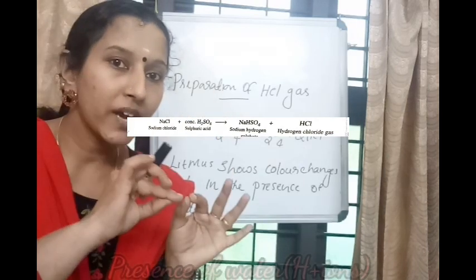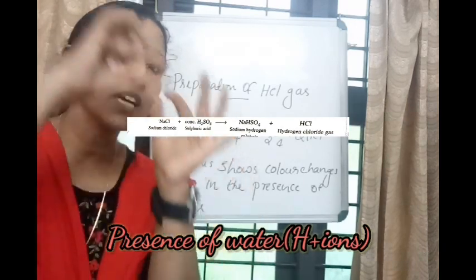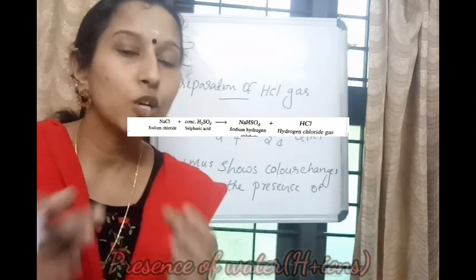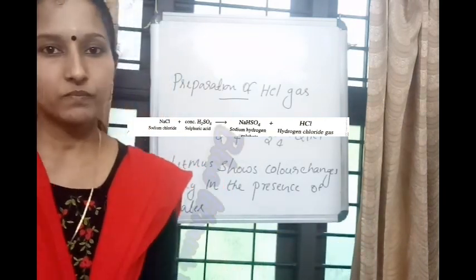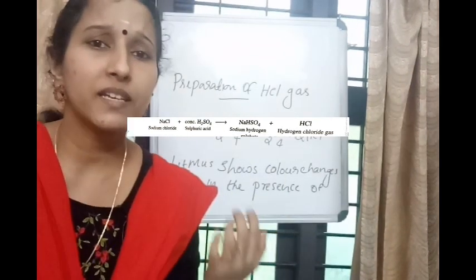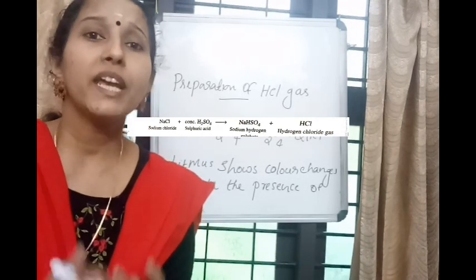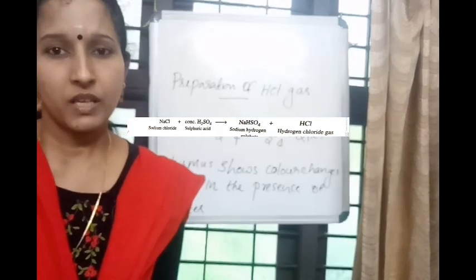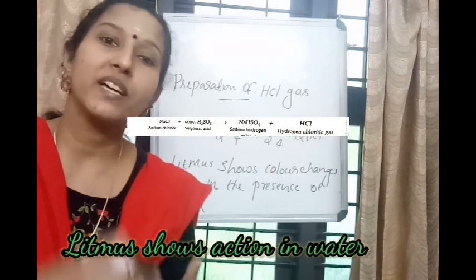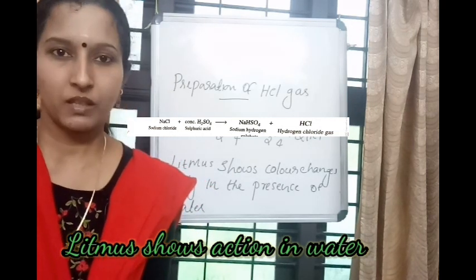So this hydrogen chloride gas reacts with the H plus from the water and turns into acid, and acid turns blue litmus to red. So it clearly indicates that you can see the color change in litmus paper only in the presence of water. So litmus is only in action when there is water.